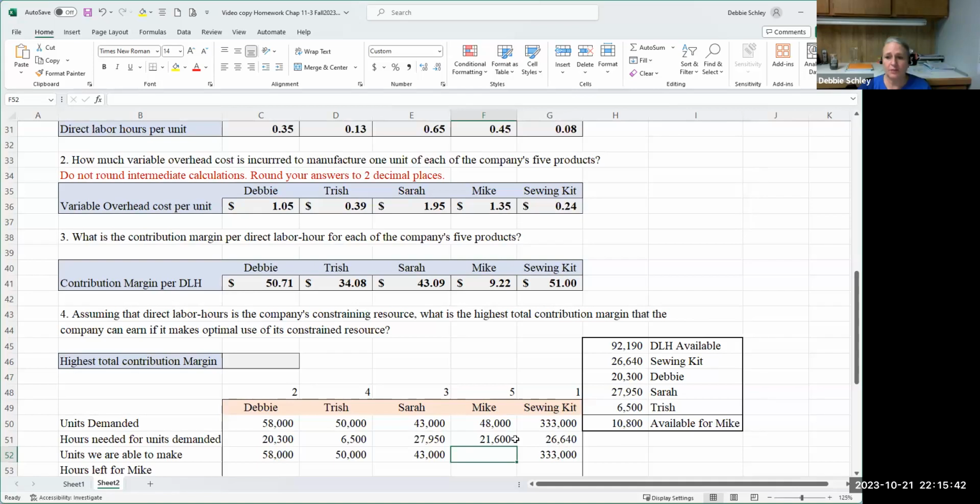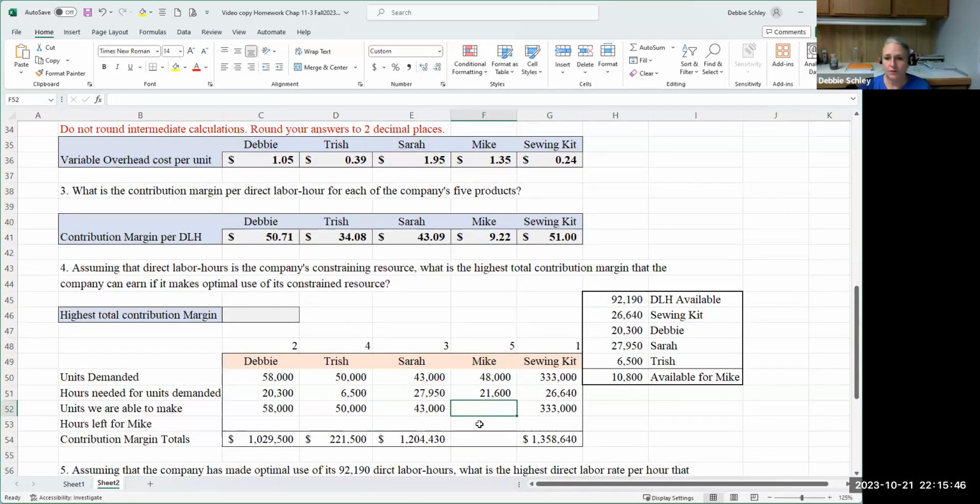So we can't do that because we only have 10,800 available for Mike, right? Because we took our original 92,190 and subtracted all of the hours used to make the other products. That's all we have left over. So we can't make 48,000 units.